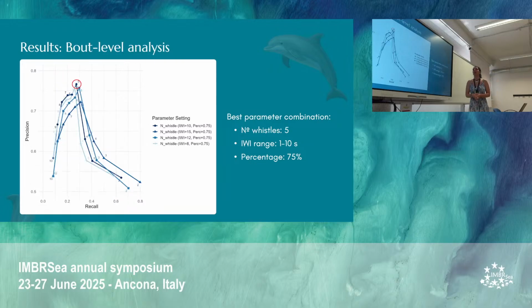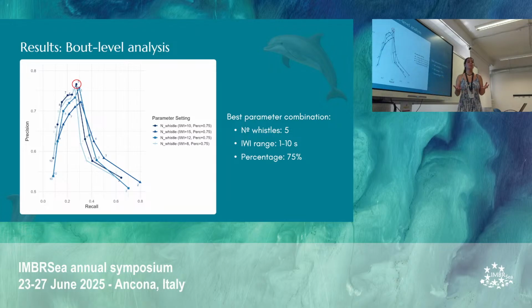And then for the bout level analysis, we had better curves, also with higher recall. In this case, each curve represents the upper limit of the inter-whistle interval range, and each number in the dots of the curve is the minimum number of whistles.